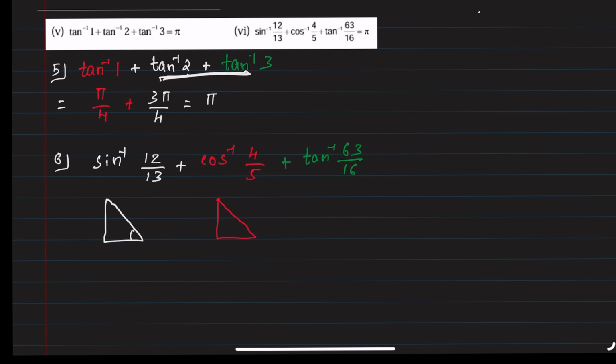Sin is always opposite upon hypotenuse, so the third side would be equal to 5. Cos is always adjacent upon hypotenuse, so the third side is 3.